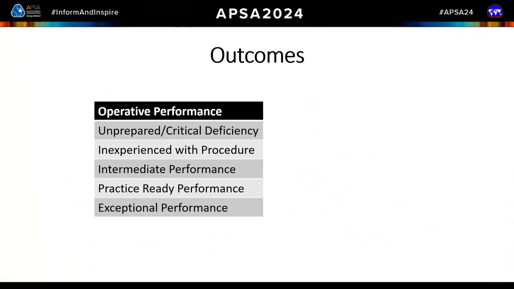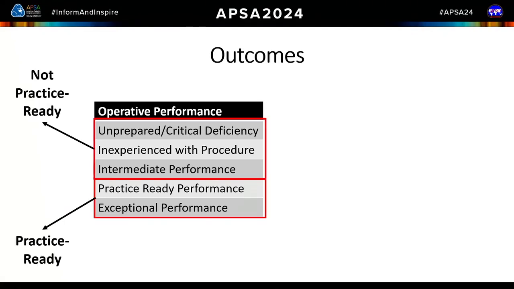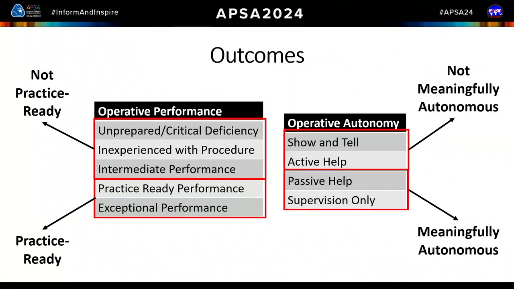To quantify the probability of residents meeting a practice-ready standard, we dichotomized the outcomes similar to prior literature, where you can see that a practice-ready standard is equal to a practice-ready or exceptional performance rating. We similarly have a second model looking at operative autonomy, and that quantified the probability of residents achieving a meaningfully autonomous standard.